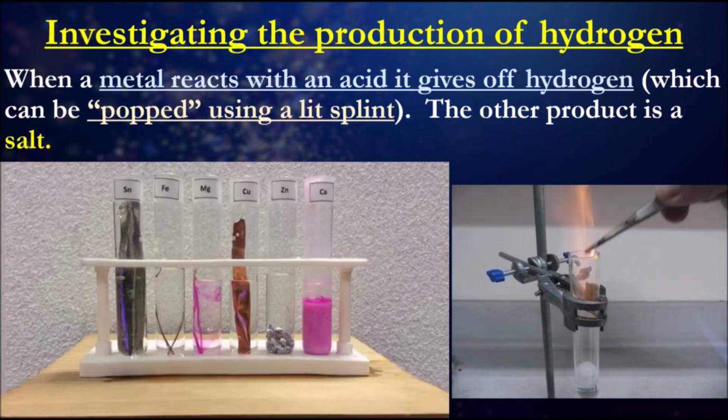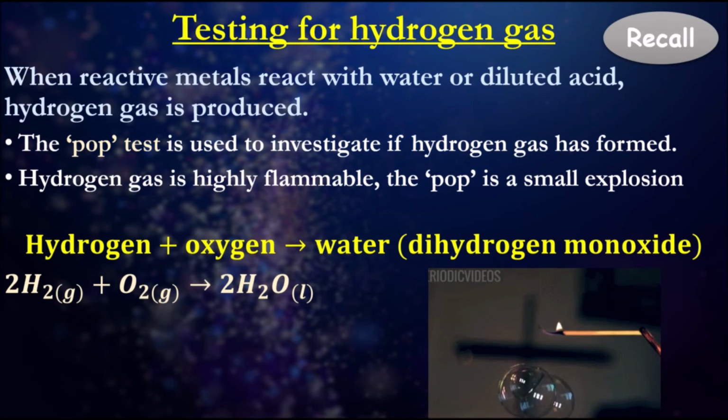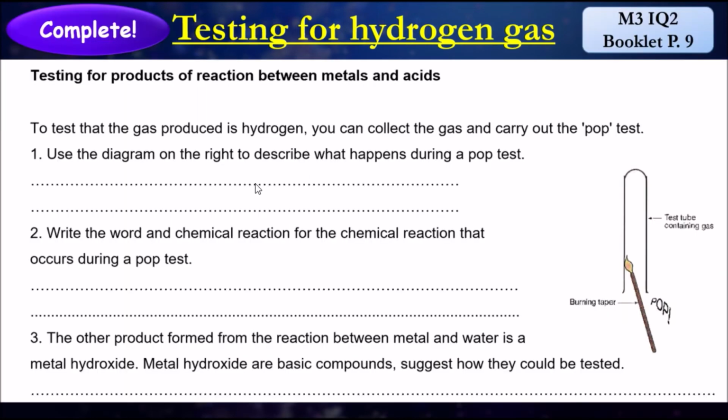What you can see here with the pop test is that we essentially do a combustion reaction between the hydrogen gas and oxygen to produce water. So in the question we have here, to test that the gas produced is hydrogen, you can collect the gas and carry out the pop test. So using the diagram on the right, describe what happens during the pop test.